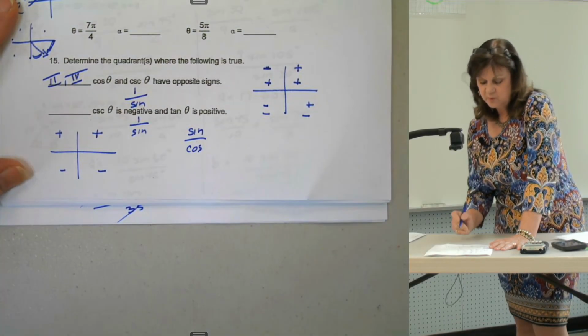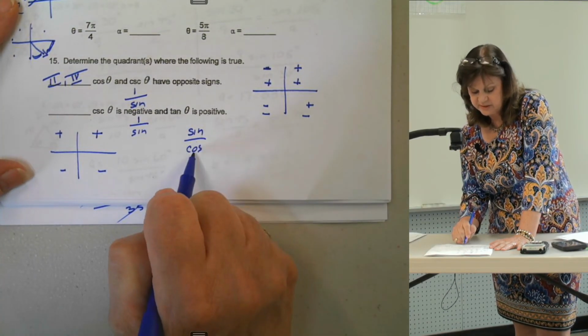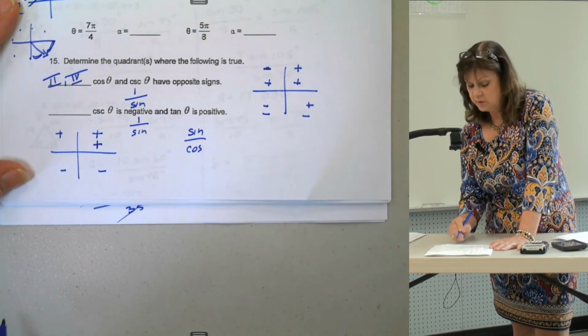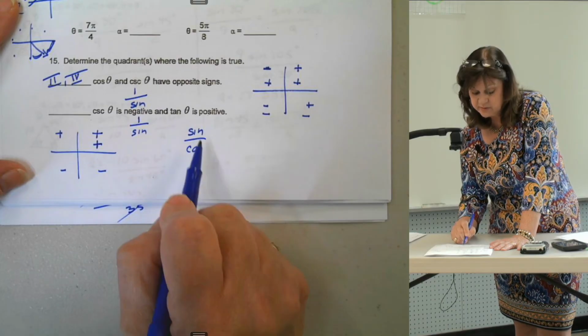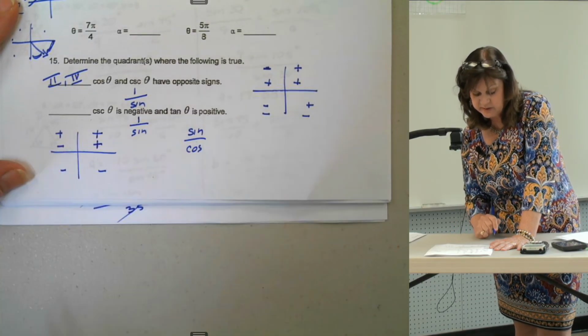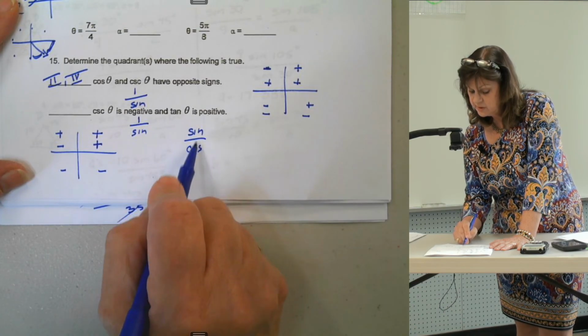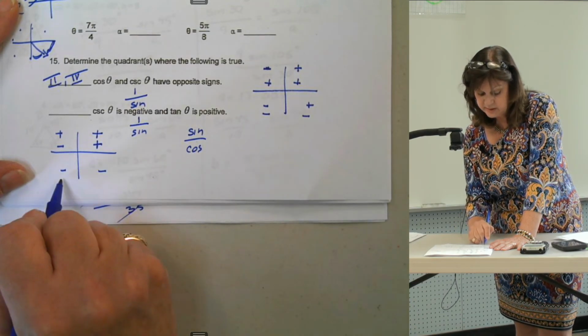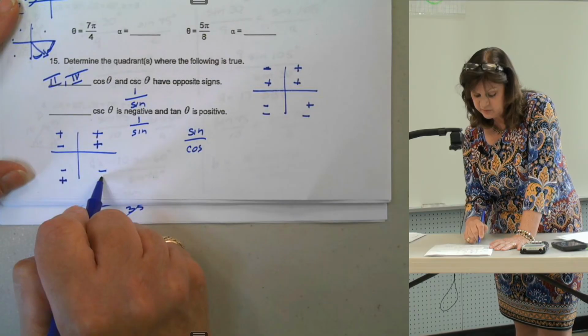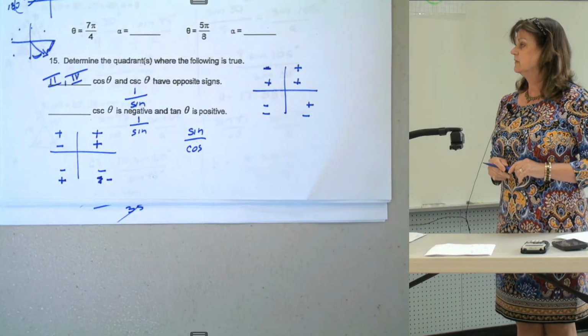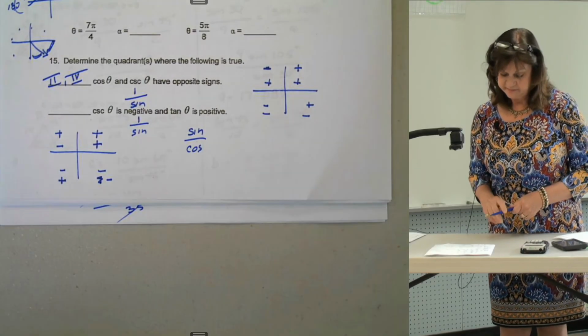And in quadrant 1, sine is positive and cosine is positive, so tangent is positive. In quadrant 2, sine is positive, but cosine is negative, so that gives me negative. In quadrant 3, they're both negative, cosine and sine, which gives me positive, and in quadrant 4, one's positive, one's negative. So cosecant is negative.